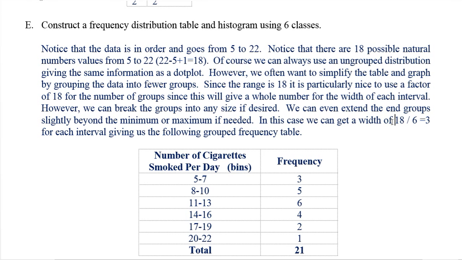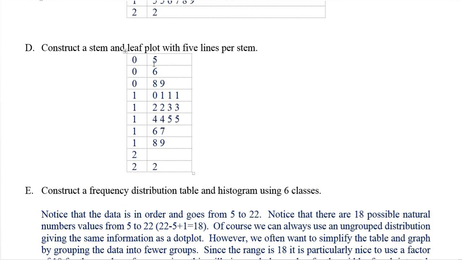Okay, so we have our bins here: 5 to 7, 8 to 10, and then we see. So 5 to 7, there are 2. 8 to 10, there's 3. That's 8, 9, 10. 11 to 13, 11, 12, and 13.